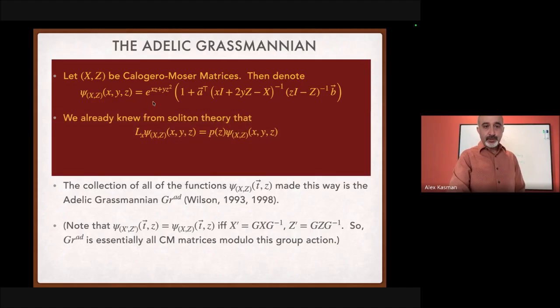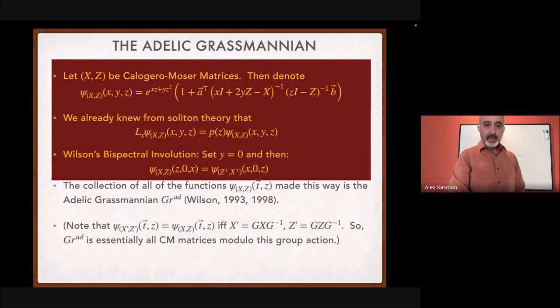Remember, I had already mentioned that this function psi is an eigenfunction for a differential operator in X, the one whose coefficients look like ocean waves, with an eigenvalue depending on Z. Wilson gave this definition because it makes it very easy to see the action of something called the bispectral involution. If you set the y variable equal to 0 and just switch the x and z.